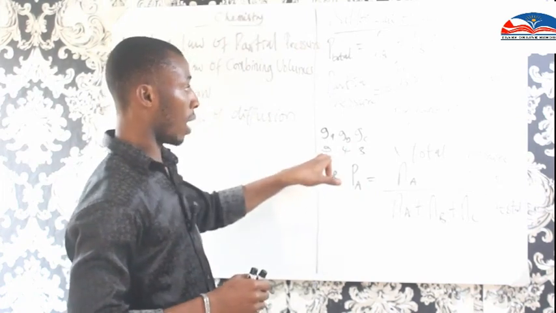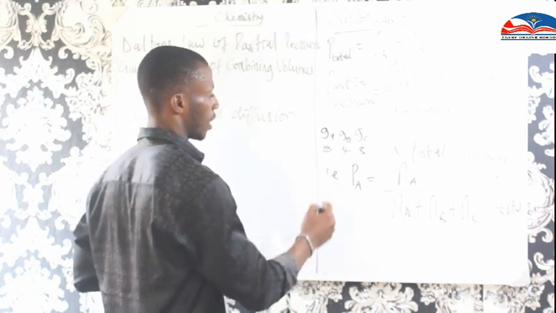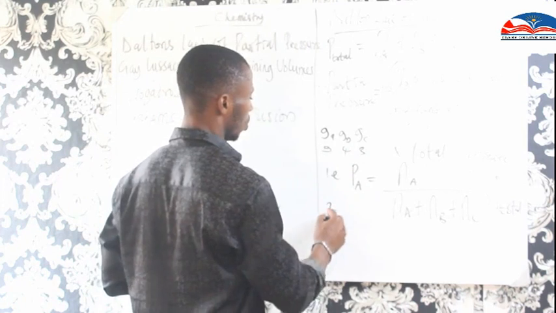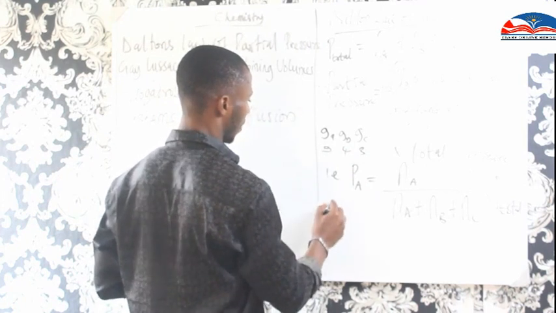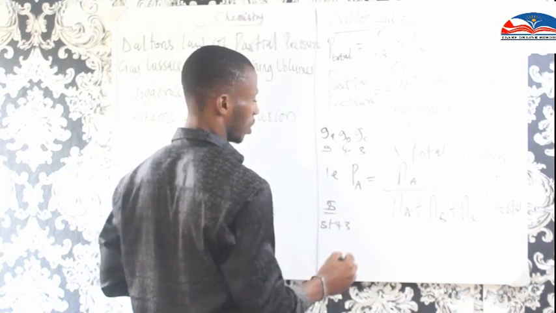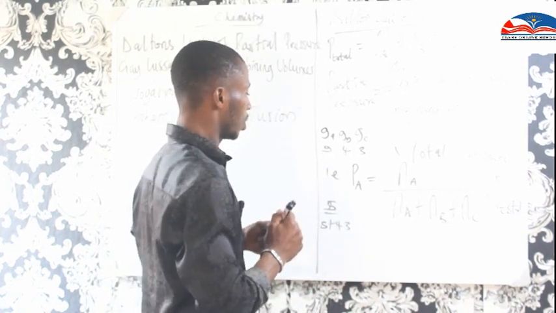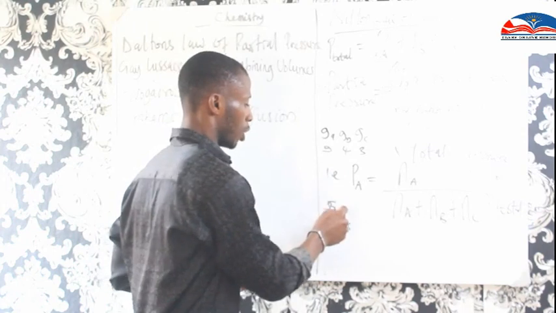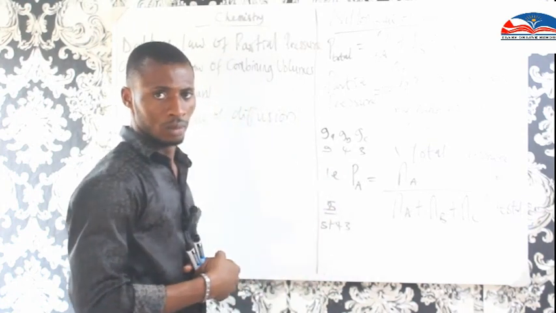Now I want to find one of these, so I'll have the number of moles, which is 5, over 5 plus 4 plus 3. Hope you understand.